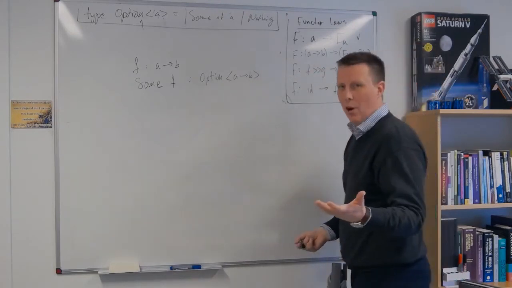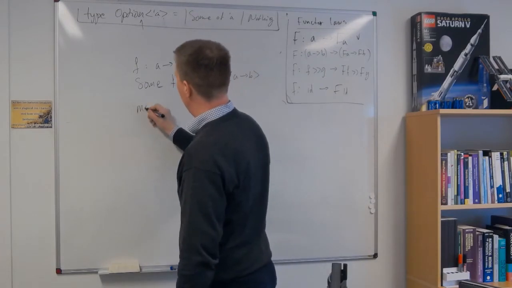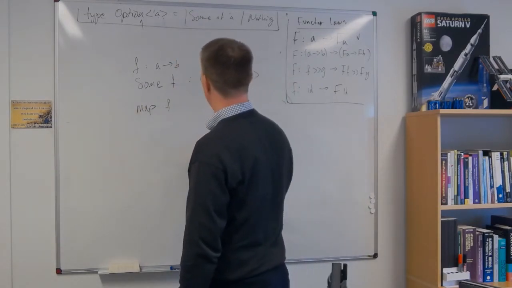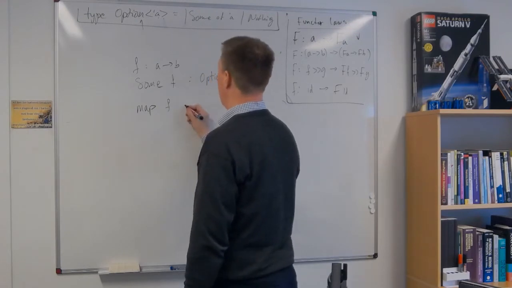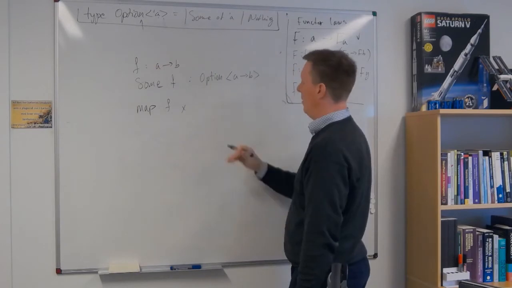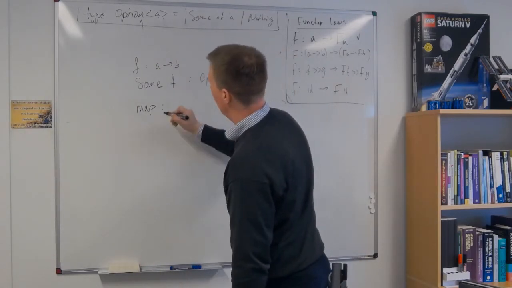And of course we know already what the answer is. What we need is a function we call map, which takes the function f and takes some value x and transfers it over here. But let's look at the signature of how this works.